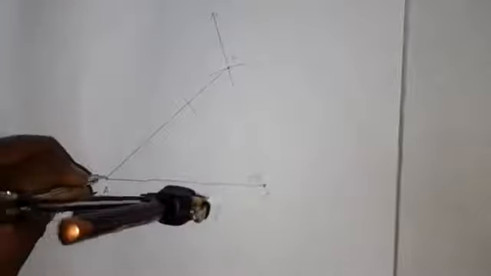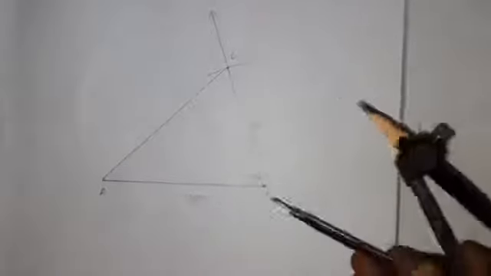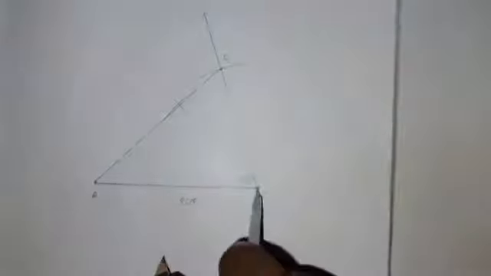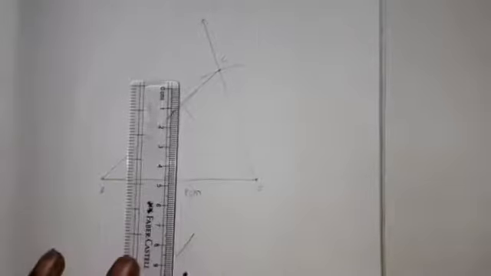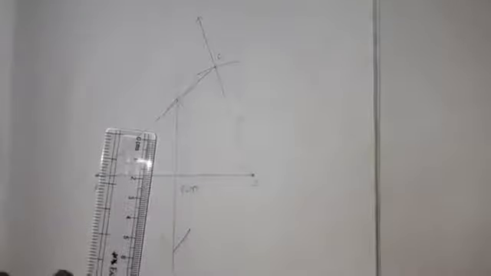Whatever radius you have taken now, keep the same radius at B point and cut this one. Then you should draw a perpendicular bisector line like this. This is the perpendicular bisector line.